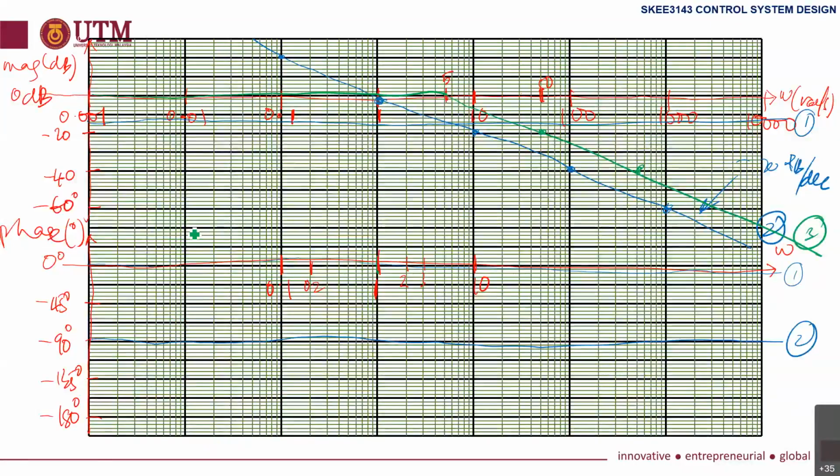And let's see also the phase. Phase is a bit more complicated. Here 5, which is the break frequency. We have to identify 1 decade before 5, which is 0.5, and 1 decade after, 50.